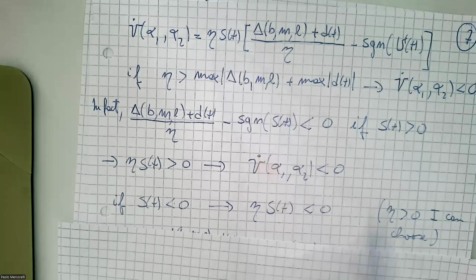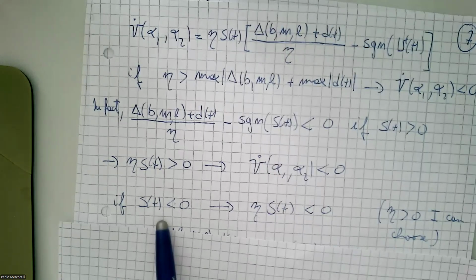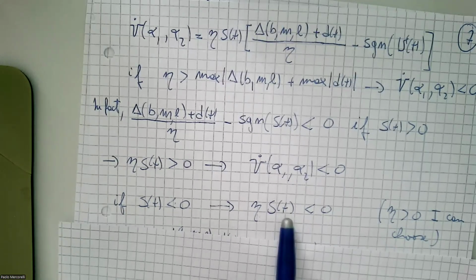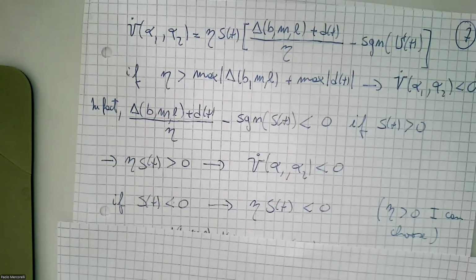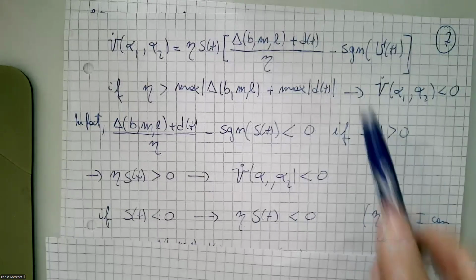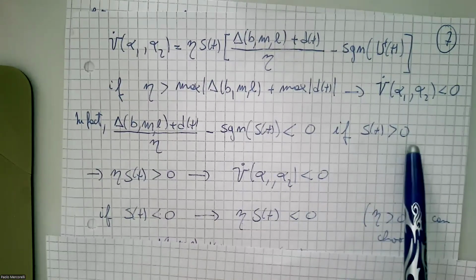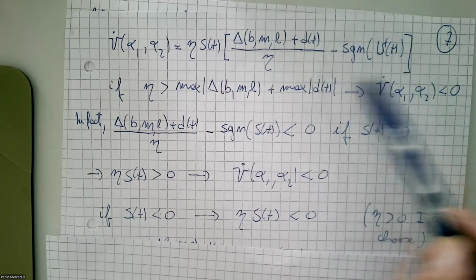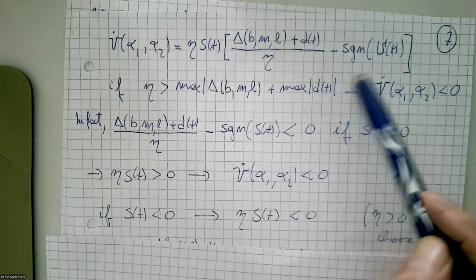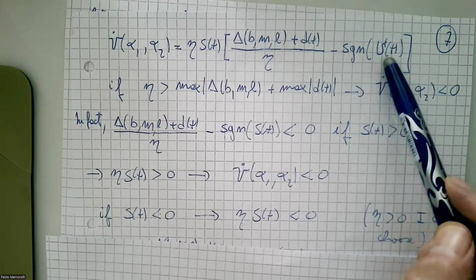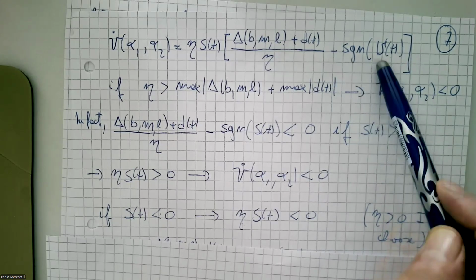But this was negative, no? In accordance with our second hypothesis, this means this is negative. I don't know, if you want, I can repeat this concept here. I can repeat in the sense that if S is positive, this contribution is -1 because SGN of something positive is 1 with -1.